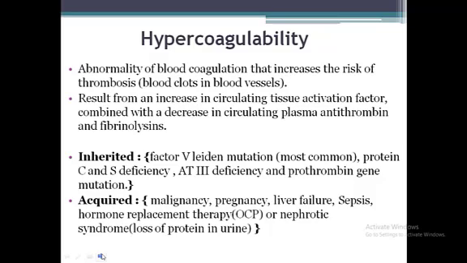especially in prostate, pelvic, abdominal, breast. Liver failure, sepsis, hormone replacement therapy like oral contraceptives, or nephrotic syndrome where there is loss of protein in the urine.